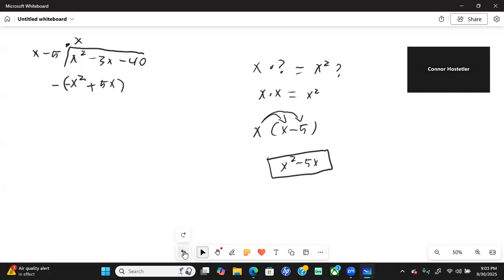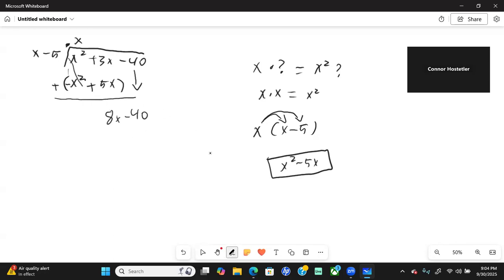Forgive me, but I'm changing this symbol to plus 3x so it comes out clean. So after I flip all of my signs, I'm combining like terms. So here's a negative, here's a positive. These cancel. 5x plus 3x, that's 8x. There's nothing on the 40, so it just comes down.